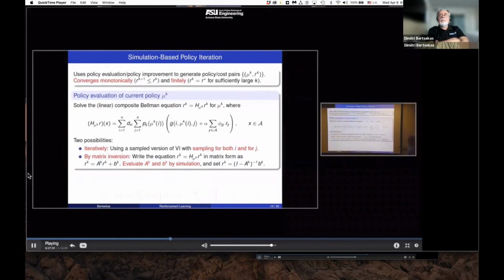In other words, one eigenvalue of this matrix is right up at alpha. If alpha is very close to 1, you have to do a lot of simulation to get this Ak accurately enough in order for this inversion to make sense. And there are special methods for inverting this type of matrix that try to circumvent this problem of instability due to Monte Carlo noise. Okay, I don't want to get into that, but I don't want you to think that this is trivial. It's not.